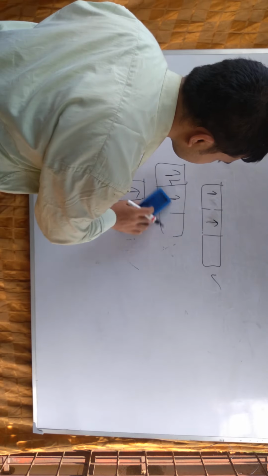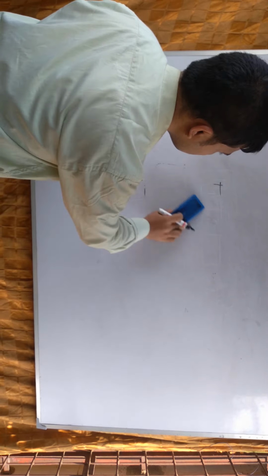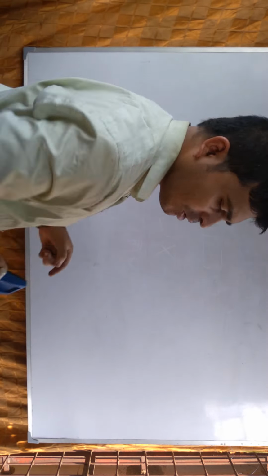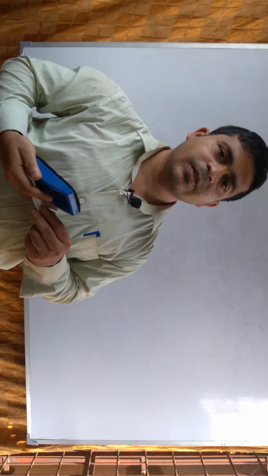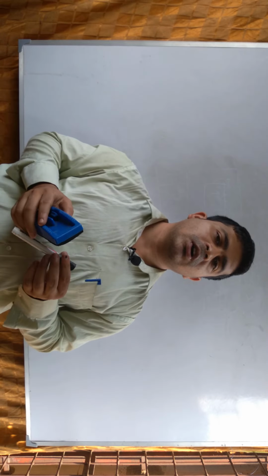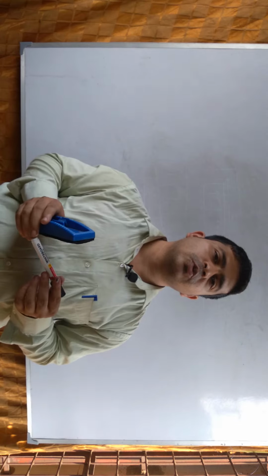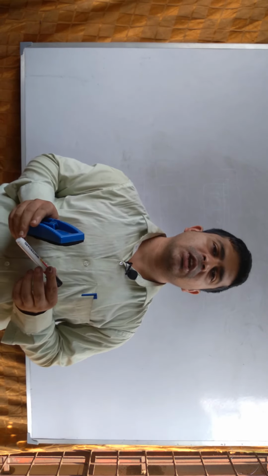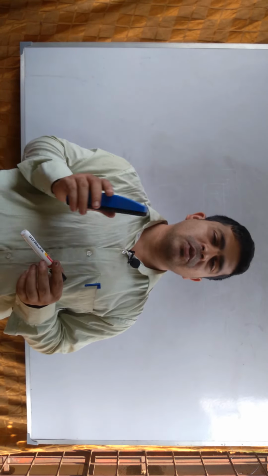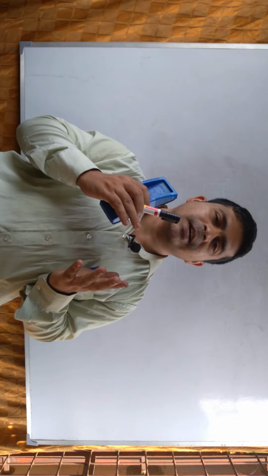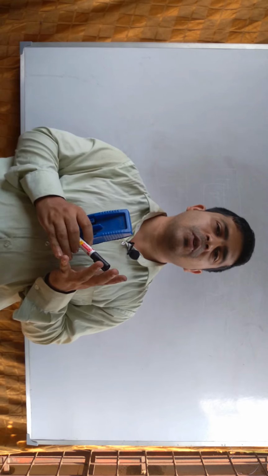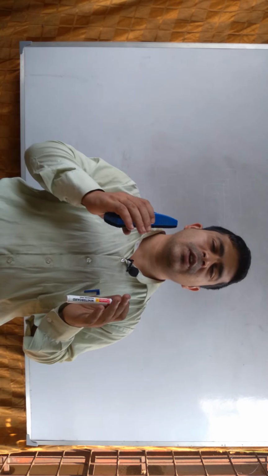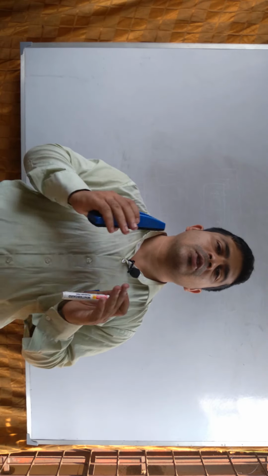So we have to keep in mind that our electronic configuration should follow all the rules and principles required. These 3 important principles and rules are very important for writing electronic configuration: one is Pauli's exclusion principle, another is the Aufbau principle, and another is Hund's rule.